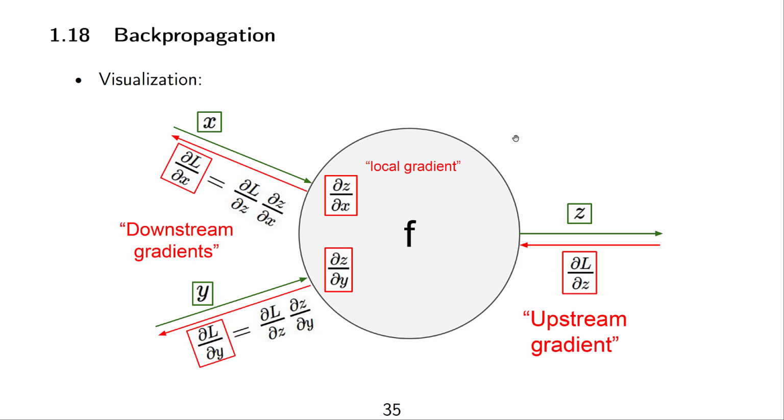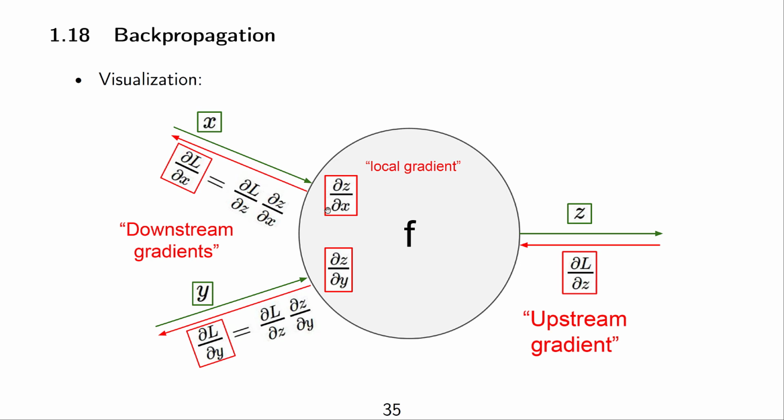So to get the downstream gradient that travels backwards from a node, so these downstream gradients would be dL/dx or dL/dy, these would be composed of the upstream gradient, so the upstream gradient dL/dz, this is what comes in here, this is what's also denoted as upstream gradient, times the local gradient.